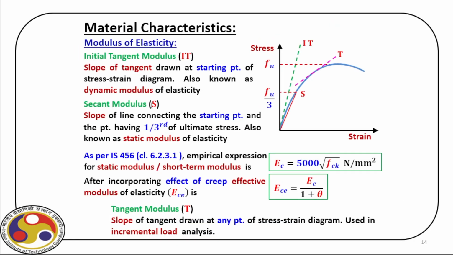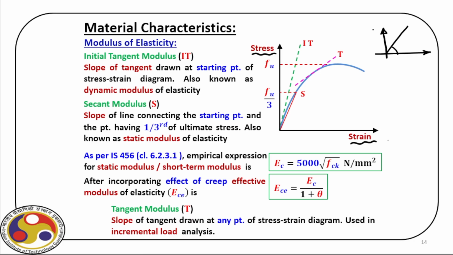Okay, now, if we talk about modulus of elasticity, then again the stress strain curve, as you can see on your screen, is not perfectly linear. If it is linear, obviously we can find the slope and then find the modulus of elasticity.